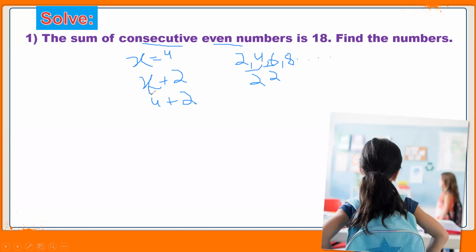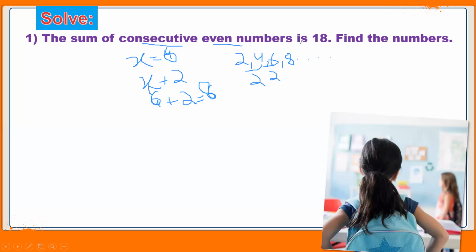So we get x is equal to 4, 4 plus 2 is equal to 6. Am I right? If the first even number is 6, then the second even number will be 6 plus 2, that is equal to 8.